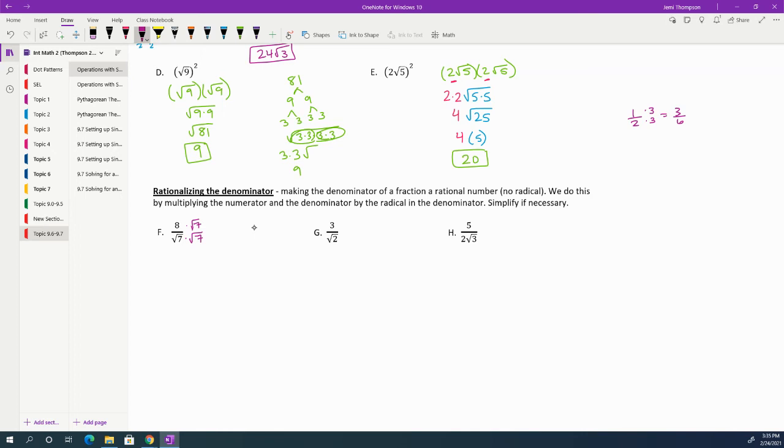What that gives me is on top now I have 8 square root 7. One's a rational number, one's an irrational number. So 8 times the square root of 7 is just 8 square root 7. There's an imaginary multiplication sign in between those. And then on the bottom, I get the square root of 7 times 7, which is the square root of 49.